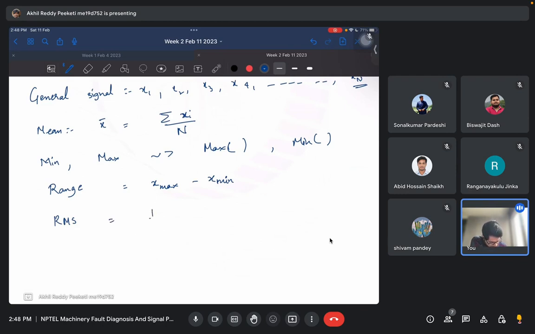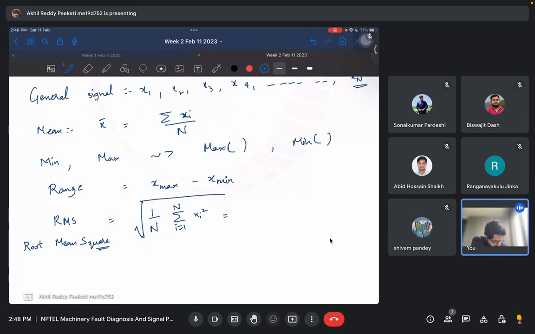So the RMS for this data set would be, so basically RMS means root mean square. So first you do the squares of the data.